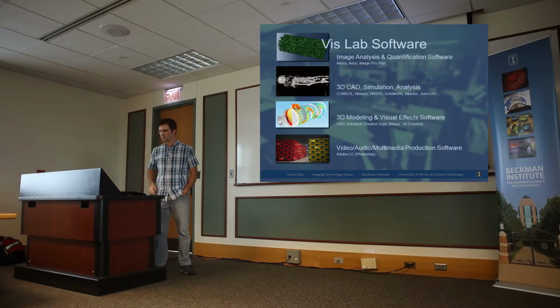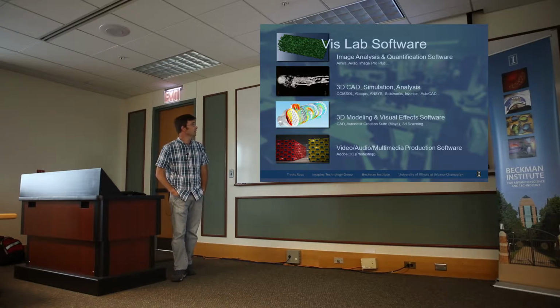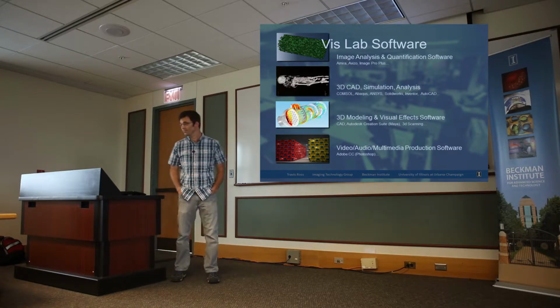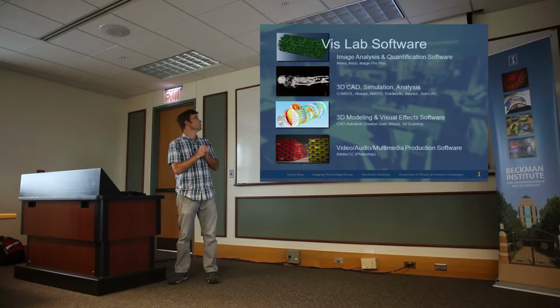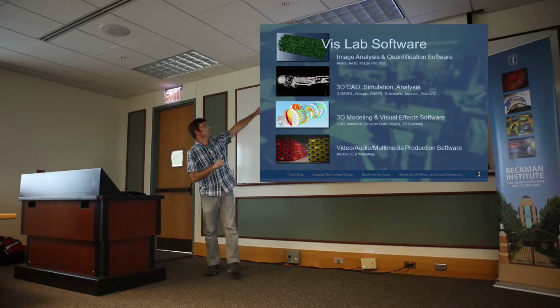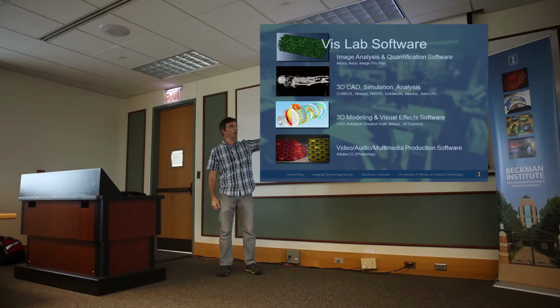So what do we have in terms of software? We have image analysis and quantification software, and I kind of lump those together because I really need a way to organize them. But we have stuff like Amira, which allows you to take MRI and CT image stack data and turn those into 3D volumes, like on the very top image there. Avizo is another one that we just acquired, which is kind of a cousin to Amira.